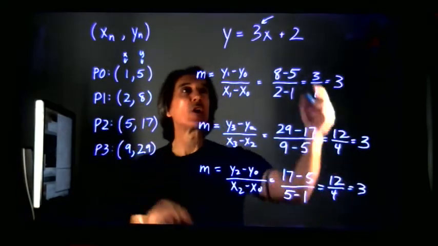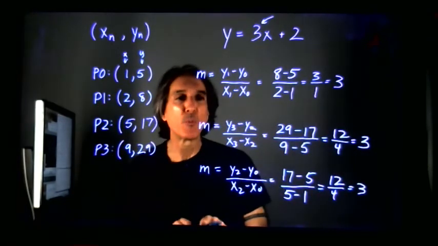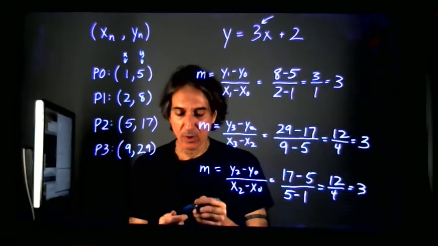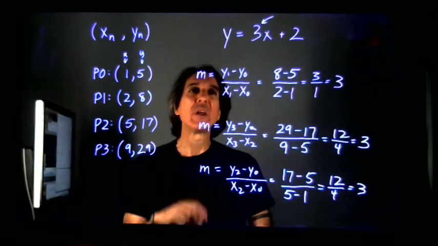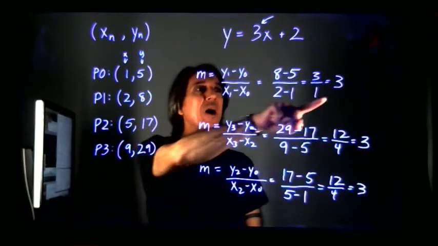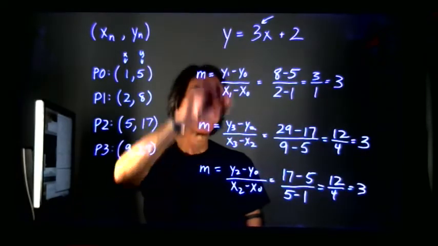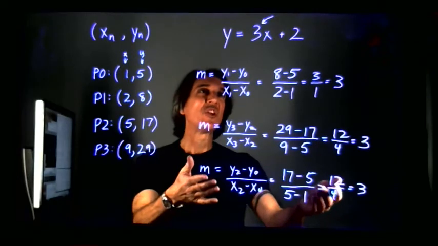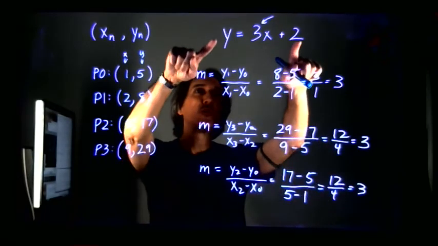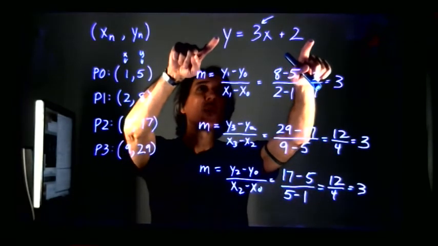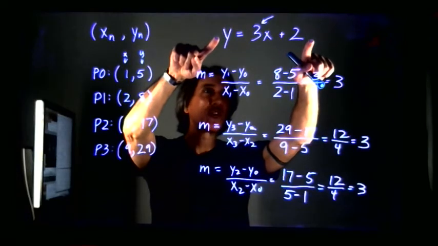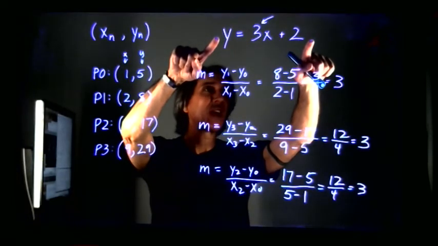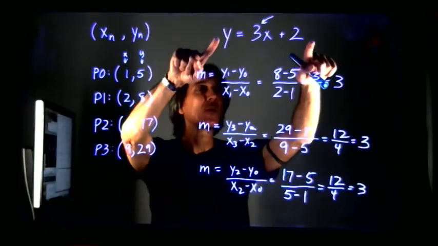Once again, it all agrees. It doesn't matter which 2 points we pick on our line. When we use our slope formula, we wind up getting the slope of the line. It doesn't matter where we pick those points. We're going to use this idea to reevaluate our slope-intercept form and change that into something a little bit different.